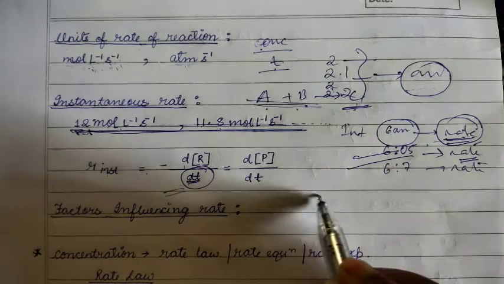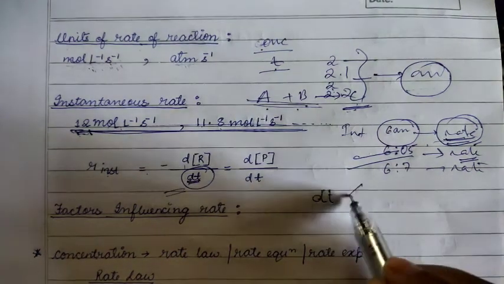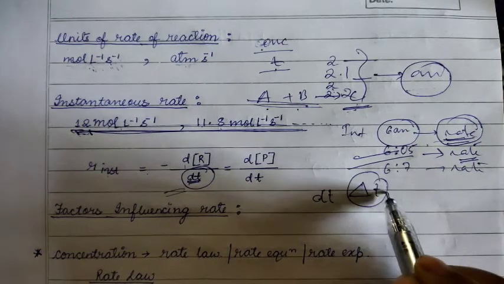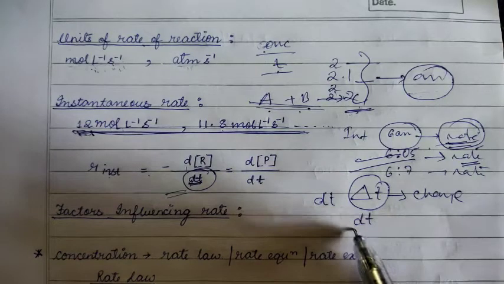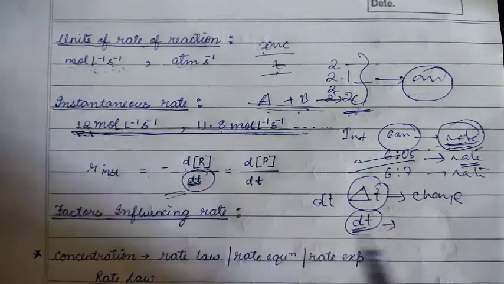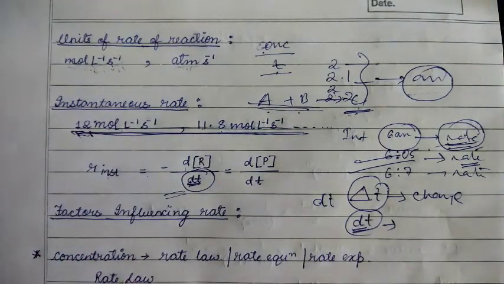So dt means dt. When we talk about delta t, we mean the change or the difference, right? But when we say dt here in chemistry, we mean a very small change in time. Suppose you started a chemical reaction 5 minutes ago, and you want to calculate the rate of the reaction after 30 seconds or after 10 seconds.